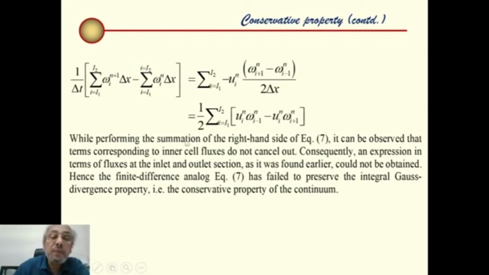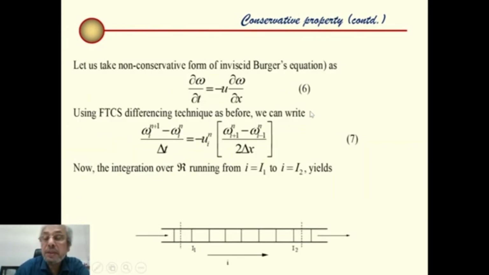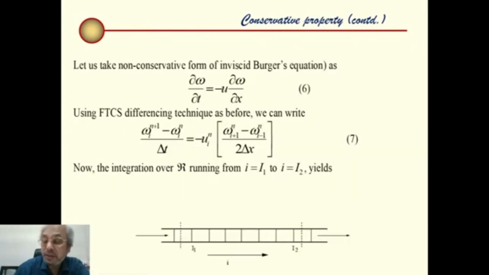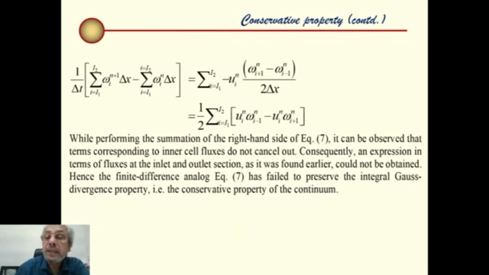So while performing the summation of the right hand side of what you have written, equation 7, it can be observed that terms corresponding to inner cell fluxes do not cancel out.